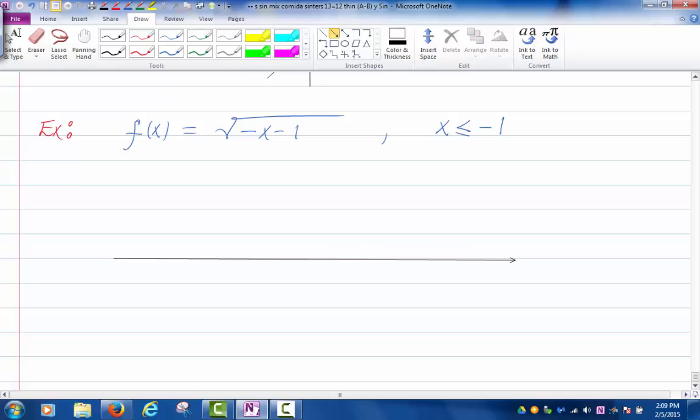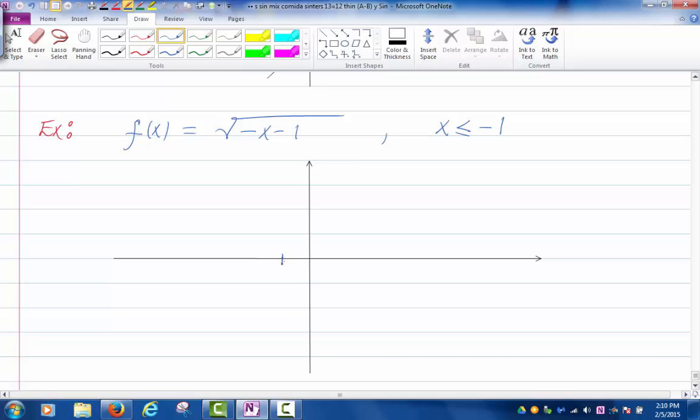And what's the graph? Well, you can start with the graph of root x and then apply the transformations that you have learned in Calc 1 or Pre-Calc in order to come up with the graph of root of negative x, negative 1.